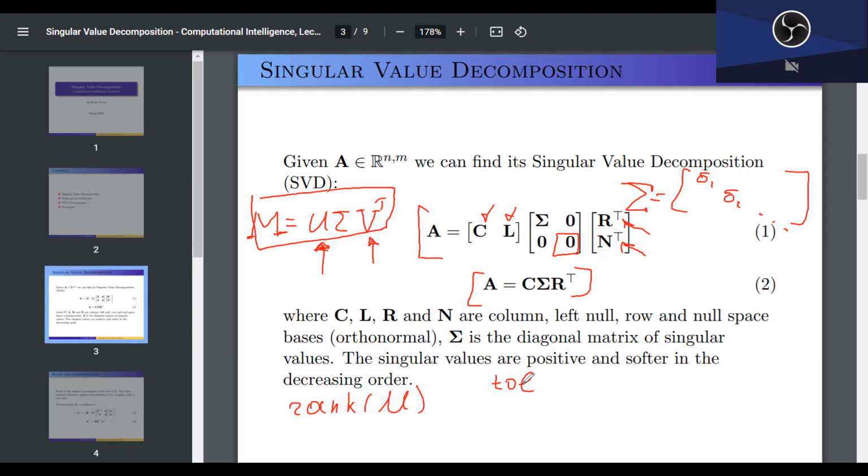And then this tolerance it will apply to all elements of the diagonal of this matrix, and it will find how many elements are bigger than the tolerance. So basically, it would find the number of those elements, and that's the rank.